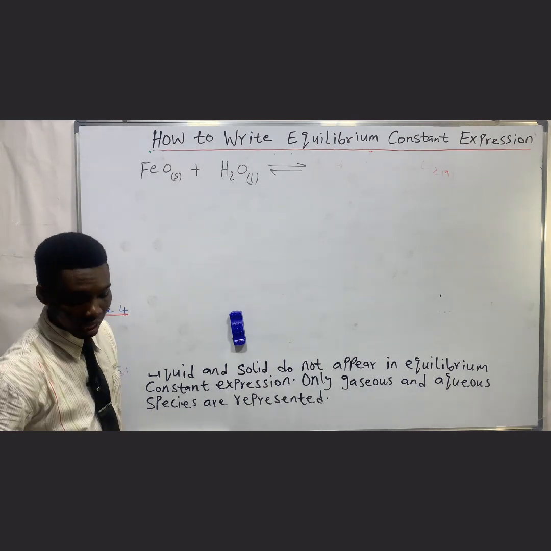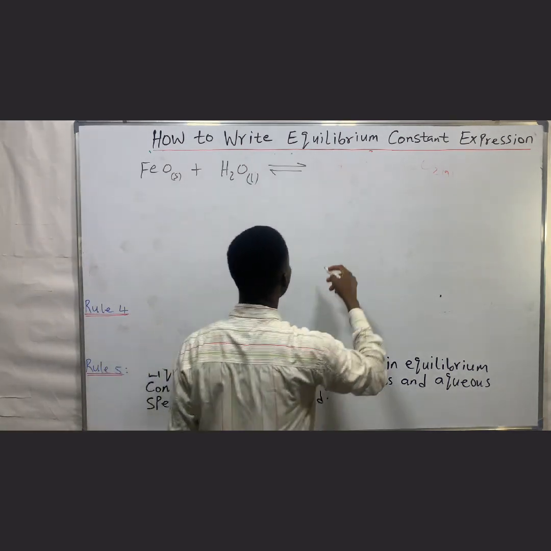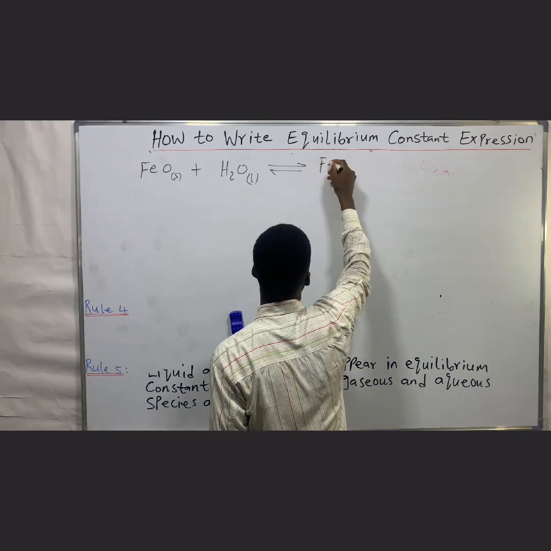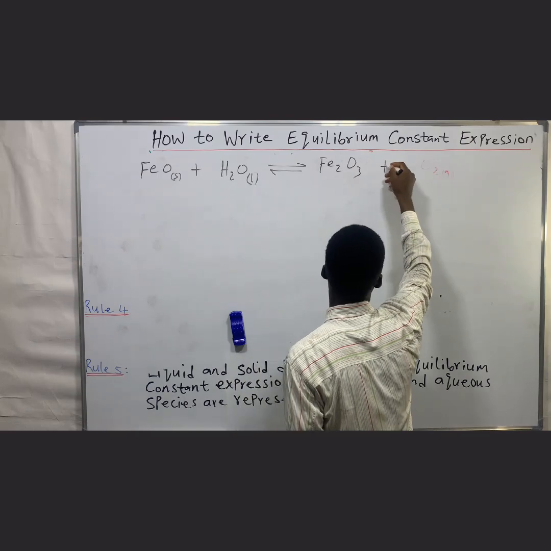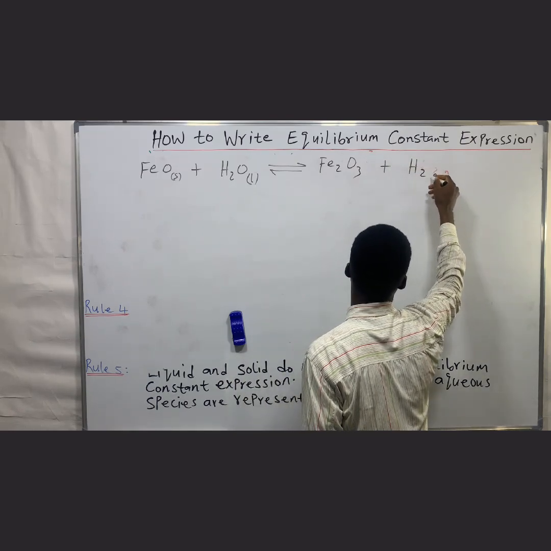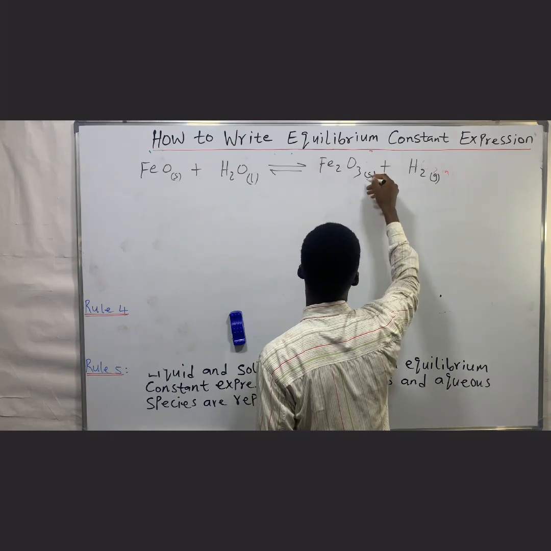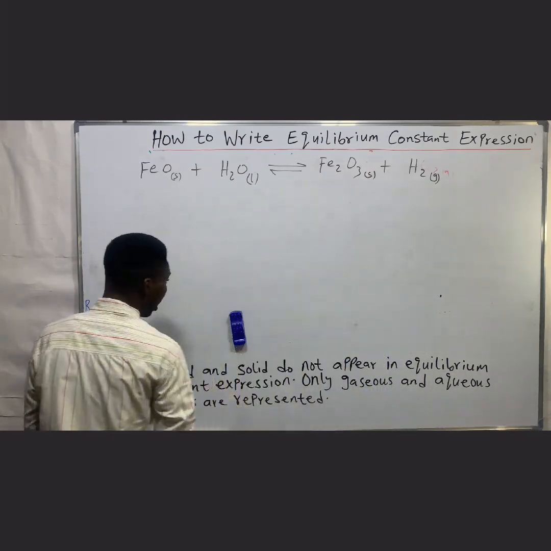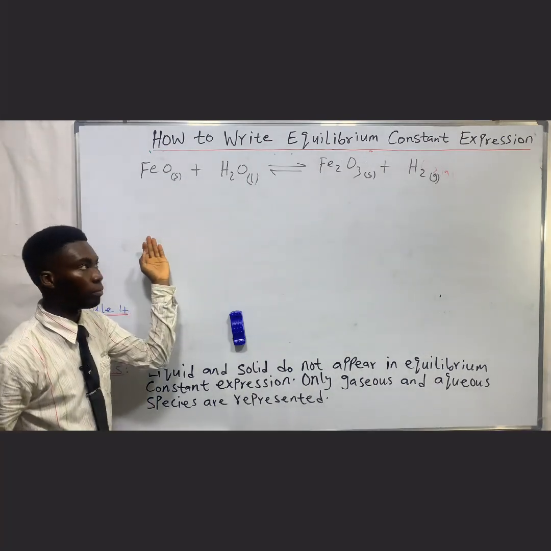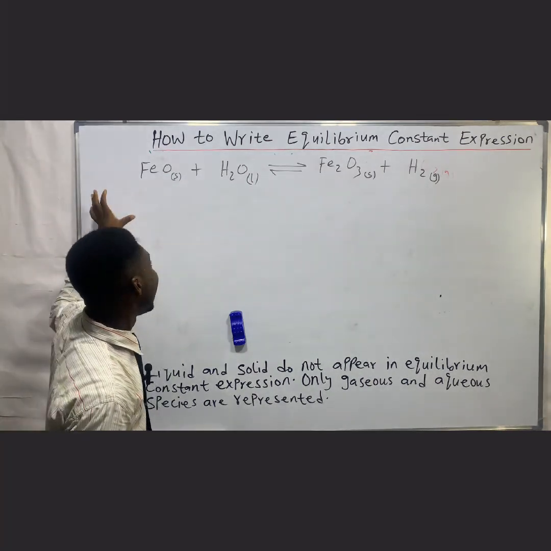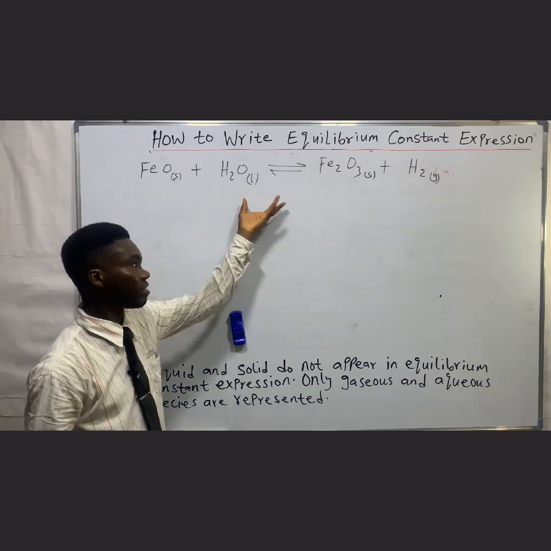This is going to give us Fe2O3 plus H2 gas. I think this is solid. All right. So if you're asked in your exam, write the equilibrium constant expression for this reaction.